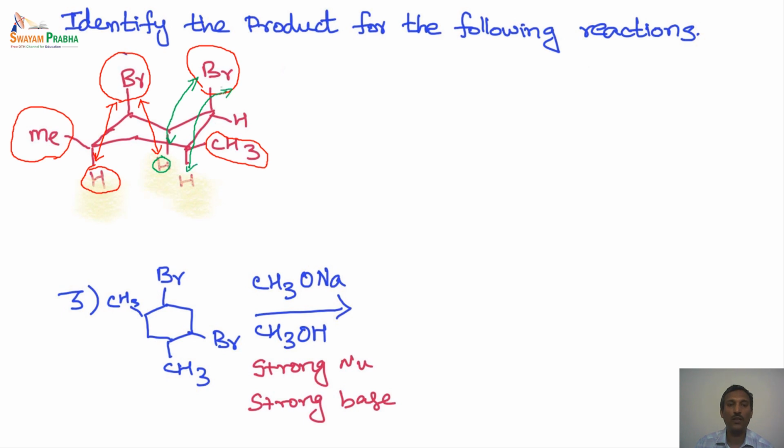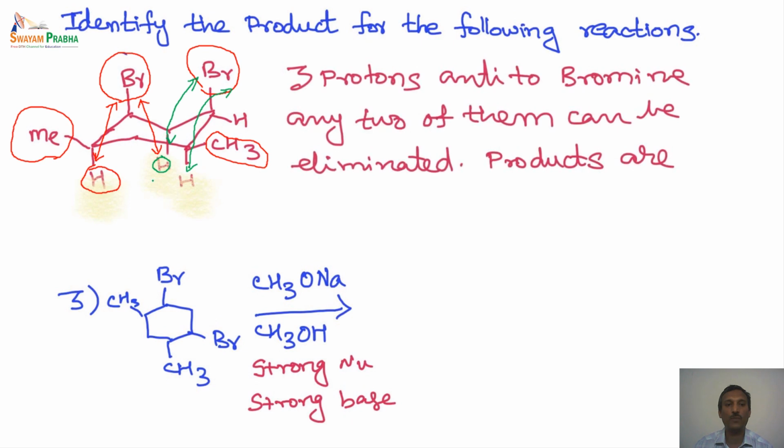So we have one set, or this set, like two sets of protons, one of them can be eliminated, and in the other case we have one set, and in the second set we again have two sets. But put together we have only three types of elimination possible, and we don't know which one will actually happen. So let us see what is actually happening. We have three protons anti to the bromine, and since we have only two bromines, only two of the protons can be eliminated.